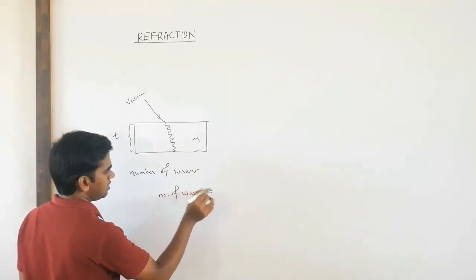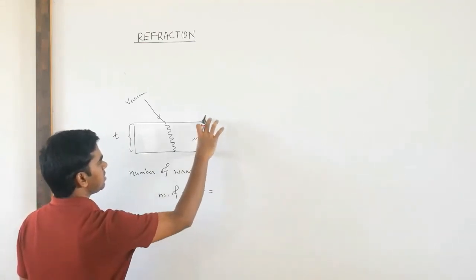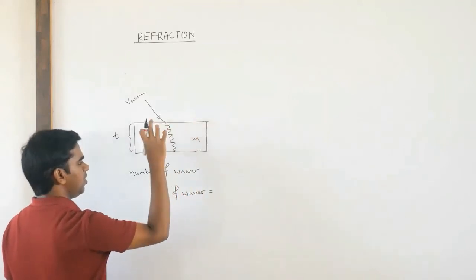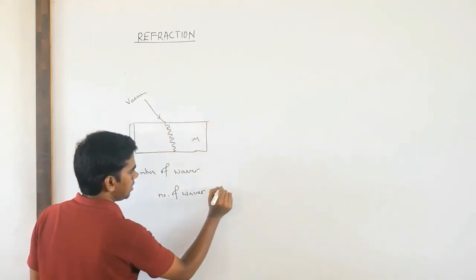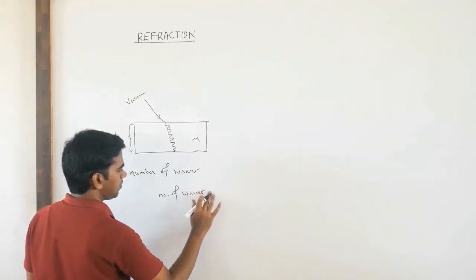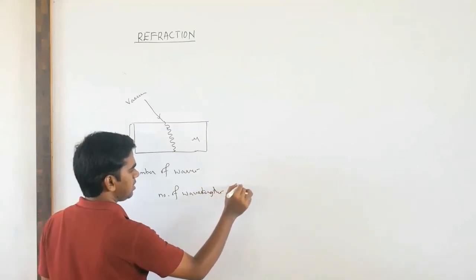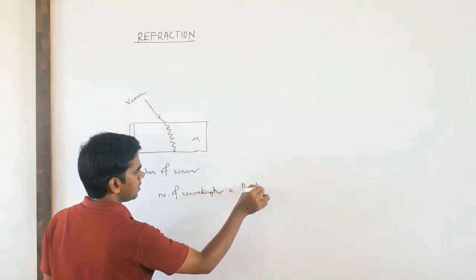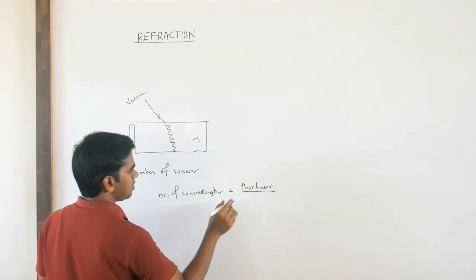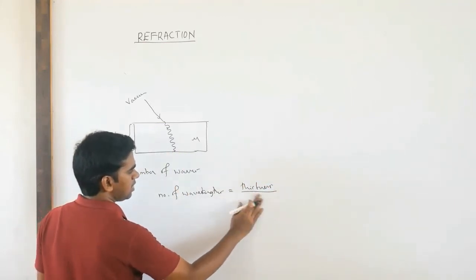Number of waves equals distance traveled divided by the wavelength of that wave. So number of wavelengths equals the thickness of the glass plate divided by wavelength, that is lambda.